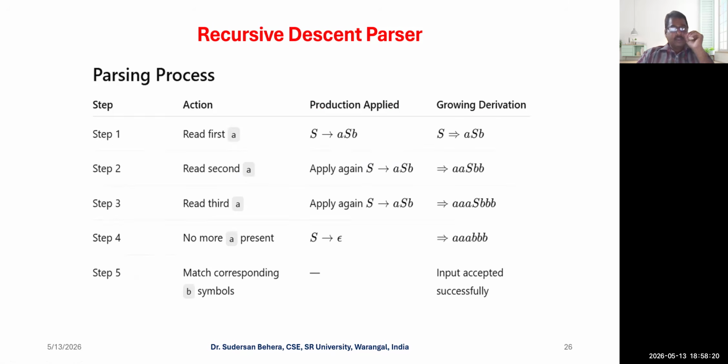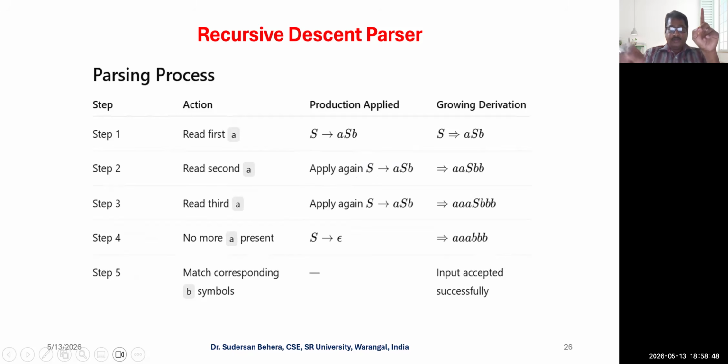In the first step, it reads the first A, and the production it applies is S derives A S B, because the input buffer holds A A A B B B, read one character at a time. Now the derivation is A S B. The second time it reads A, it applies the same function again.